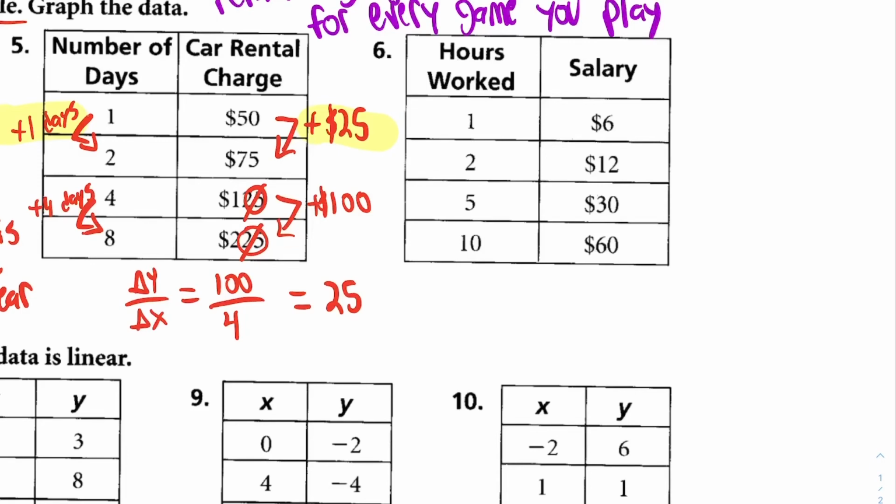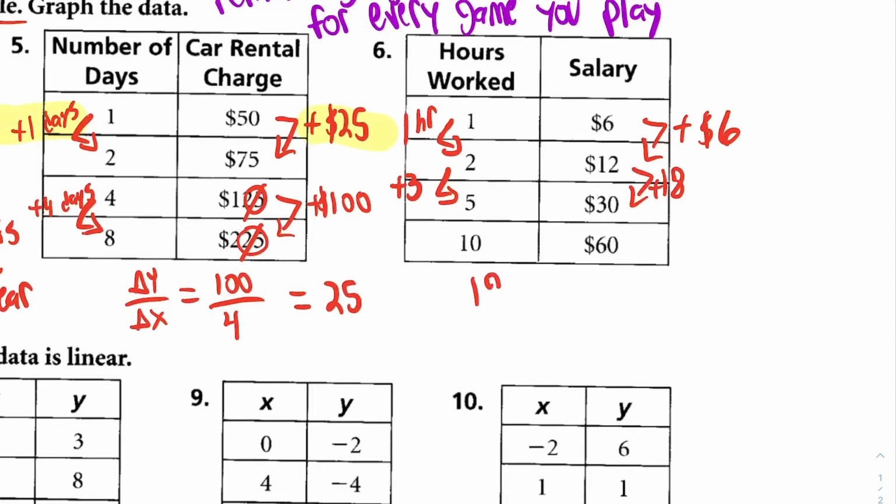Let's do a table again the fast way. This is plus $6, and this change was 1 hour. And then I'll just go ahead and label again. This next one is plus 18, and over here is a plus 3.